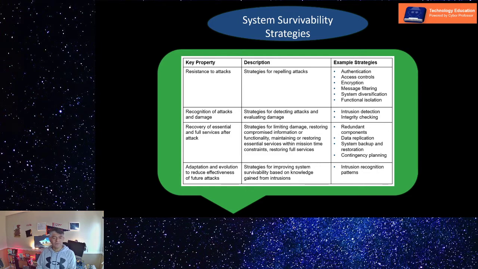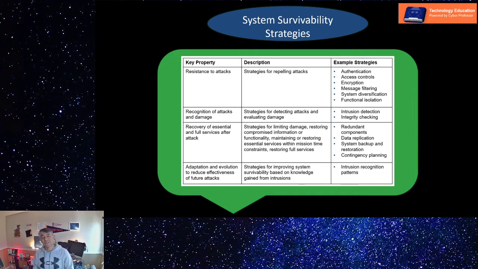Another key property is the recovery of essential and full services after an attack. And the description of that particular property involves the strategies for limiting damage, restoring compromised information or functionality, maintaining or restoring essential services within mission time constraints, and restoring full services.